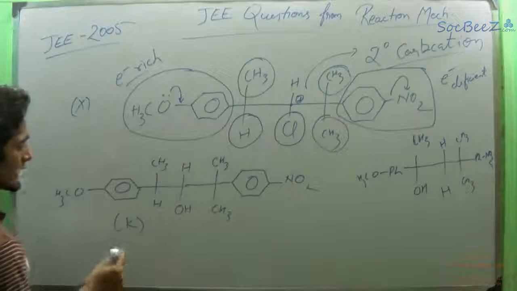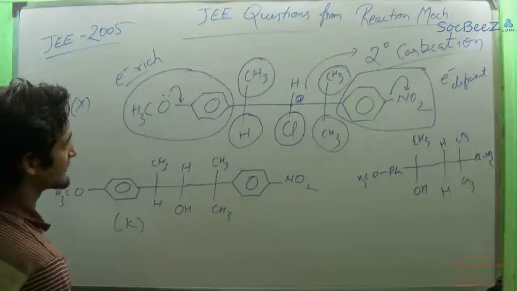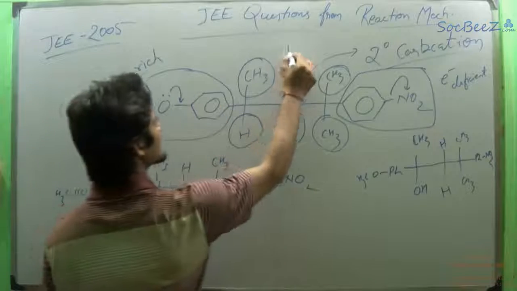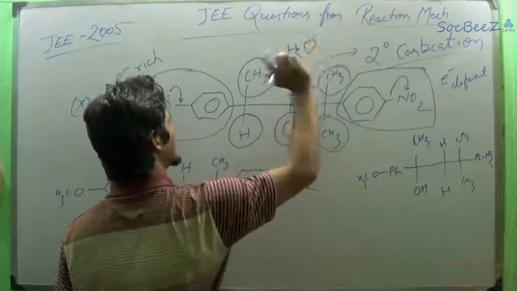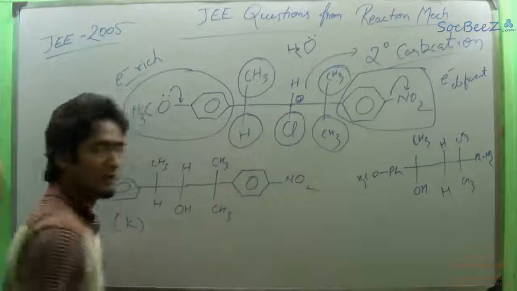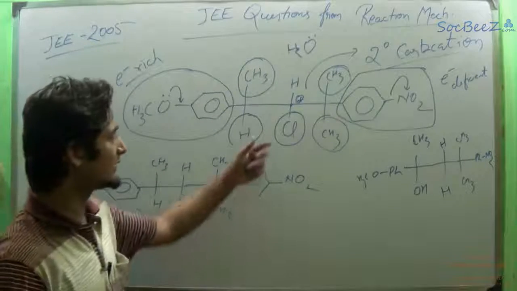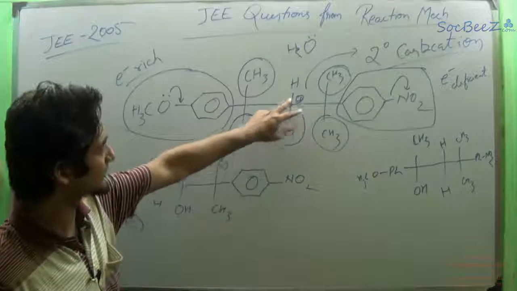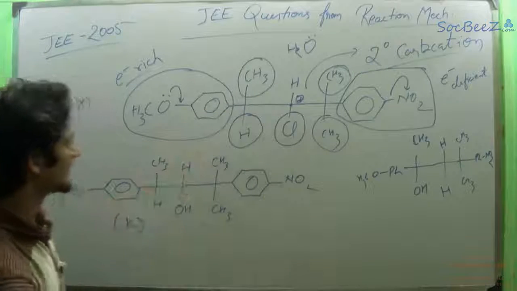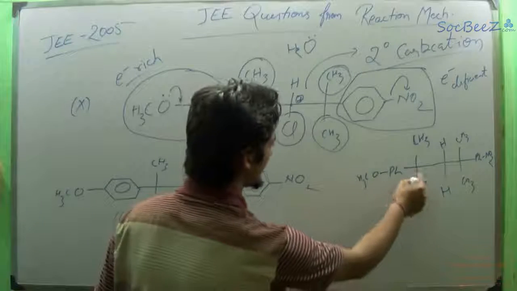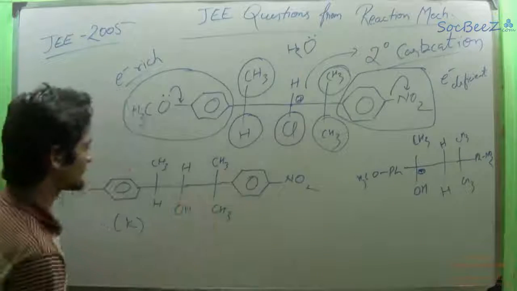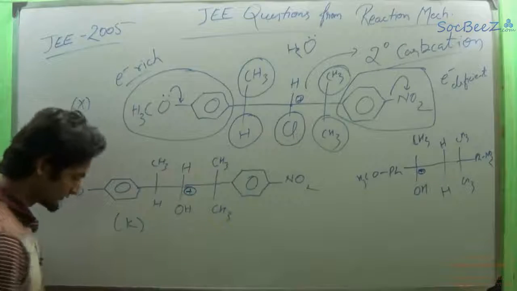Now you can be wondering where this OH is coming from. Once this carbocation is formed, then the water which is present in the reaction mixture will come to attack this positive charge and thus give us an OH group at this positive charge. So our only thing to decide is what are the positions where this positive charge can be present. So if this is the product, then the positive charge was at this position. If this is the product, then the positive charge was at this position.